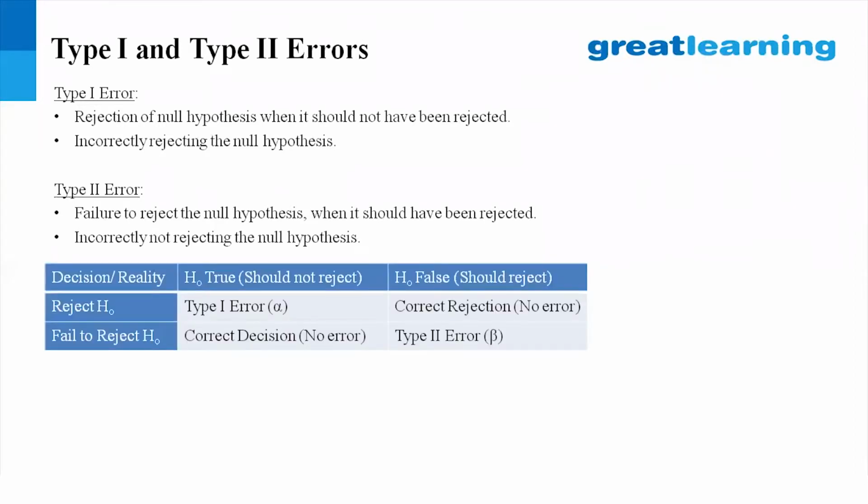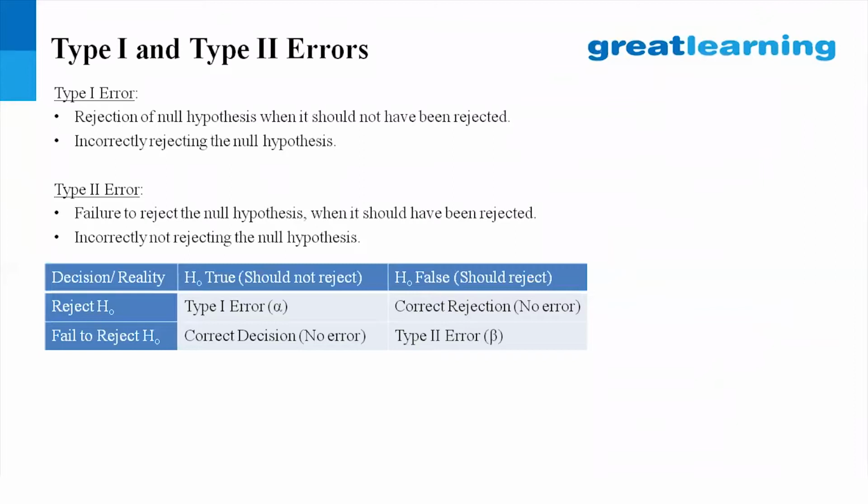So this is the kind of confusion matrix which helps us understand the type 1 and type 2 errors. If the reality is that you should not have rejected it but you reject it, that is called a type 1 error, and that is referred to by the alpha symbol.